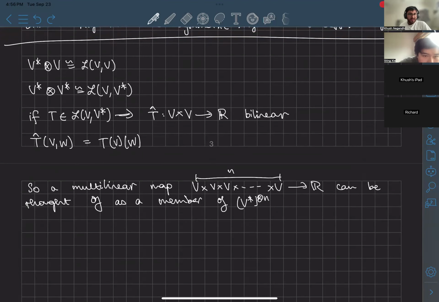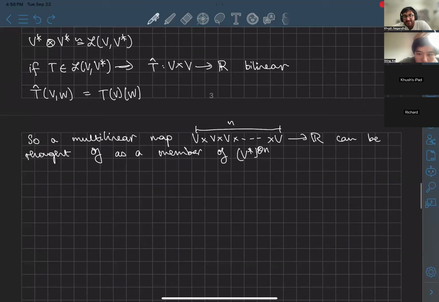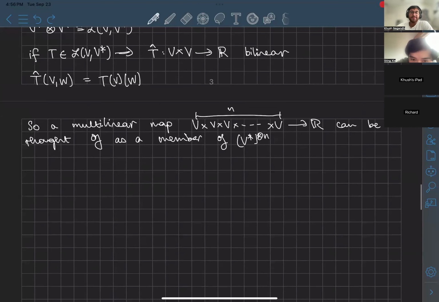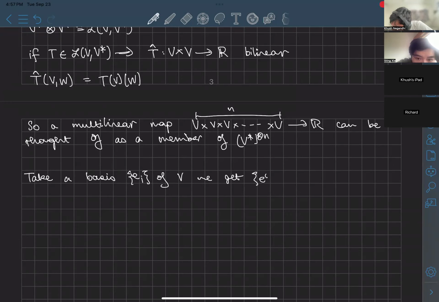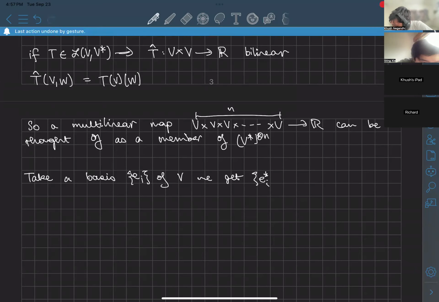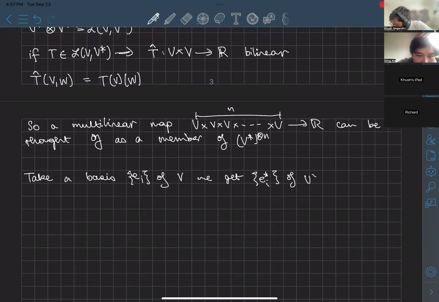But this is all a little abstract, right? So let's make use of the fact that we're over a finite dimensional vector space and take a basis e_i of V. Then we get a corresponding basis e_i star of V dual.